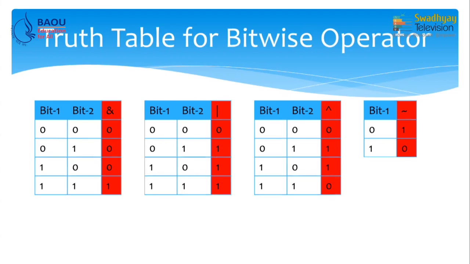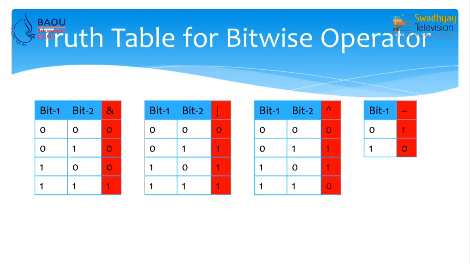So, we can say in case of AND we only get 1 if both bit values are set to 1. In case of bitwise OR, if both operands are set to 0, the OR returns 0. If the first bit is set to 0 and the second bit is 1, then we have 1, because OR checks whether either of the bits is set to 1, then it returns 1.